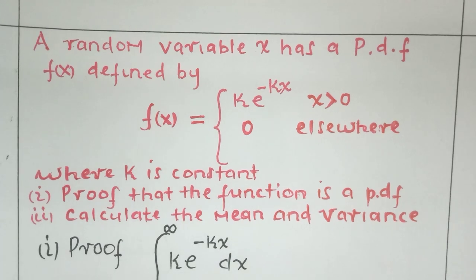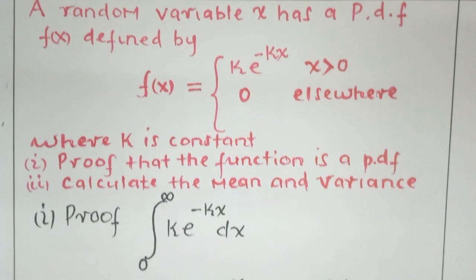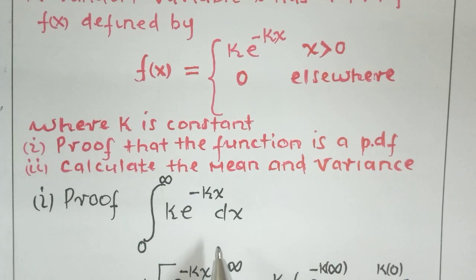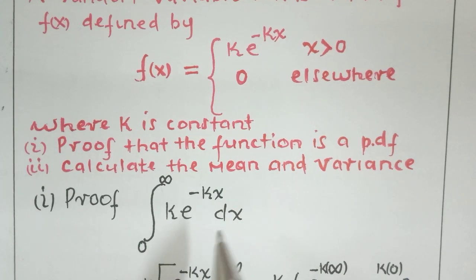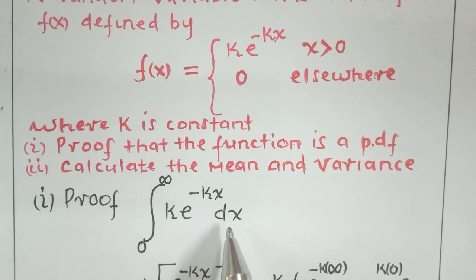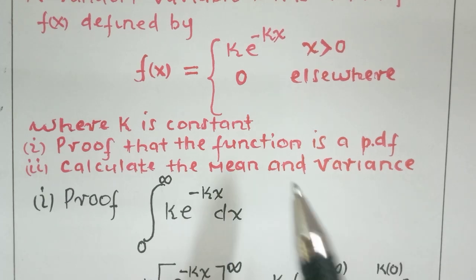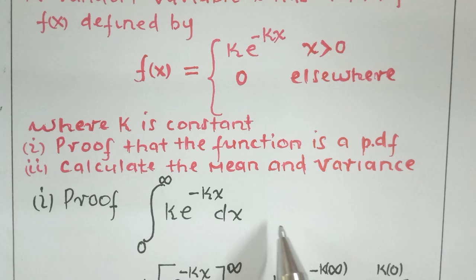So for us, guys, we come first of all to prove that this is a PDF. For us to be able to prove this, we need to know what a PDF is. A PDF will always equal unity.